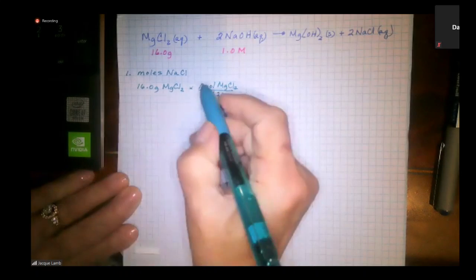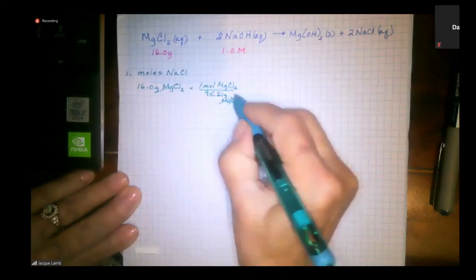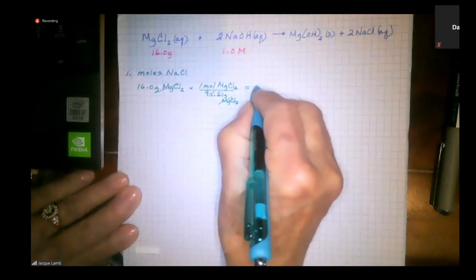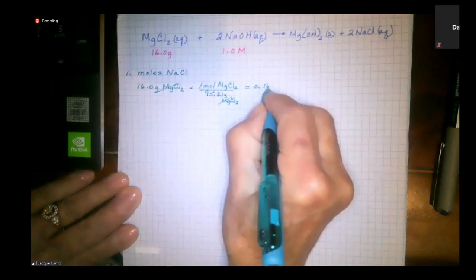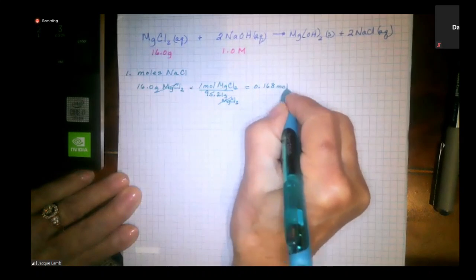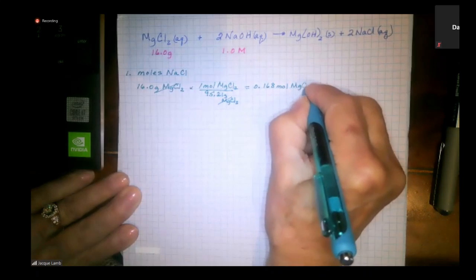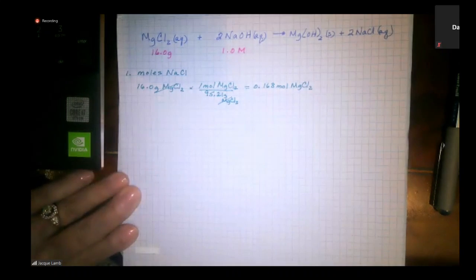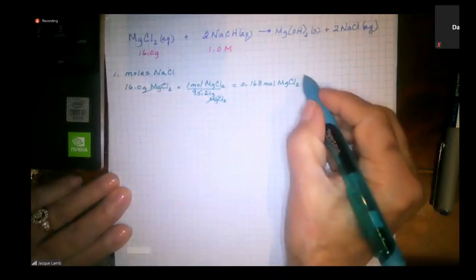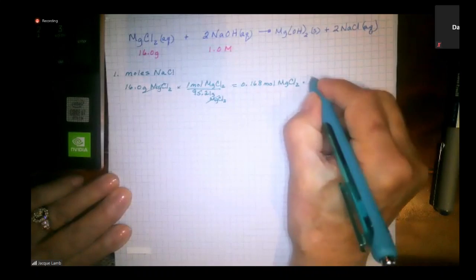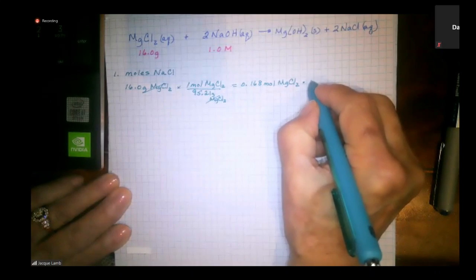And that equals, going from grams to moles, 0.168 moles of magnesium chloride. And here's where I use my stoichiometric ratio. Haley, this was the question you asked before.